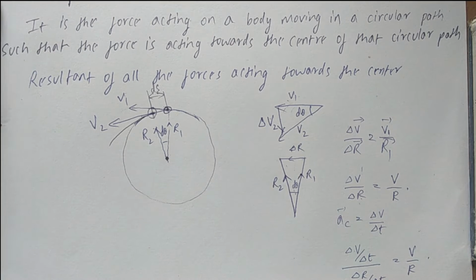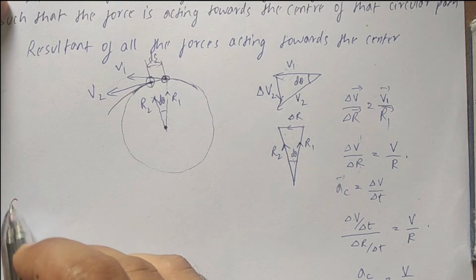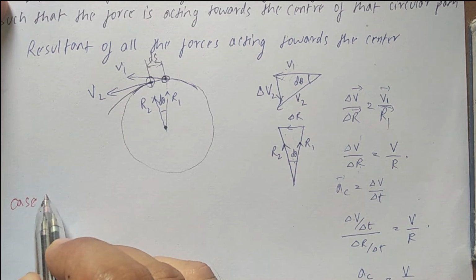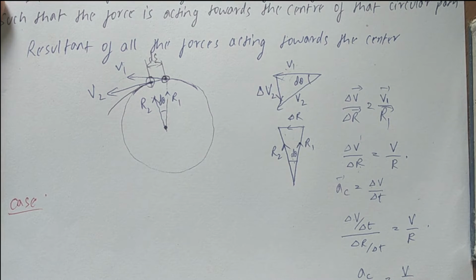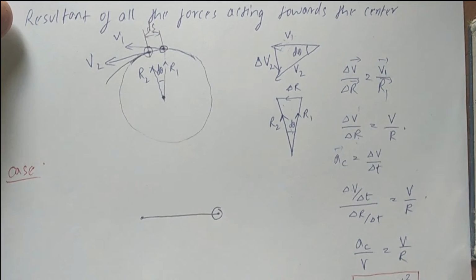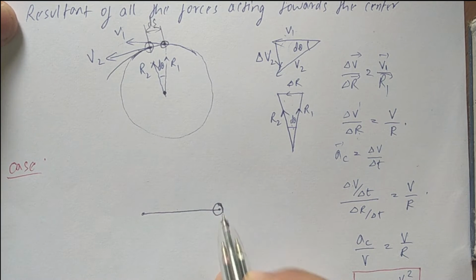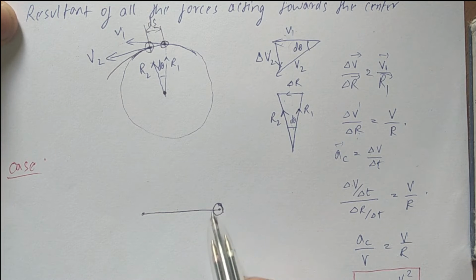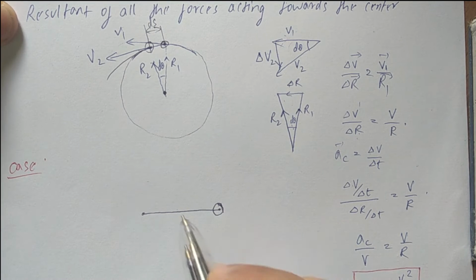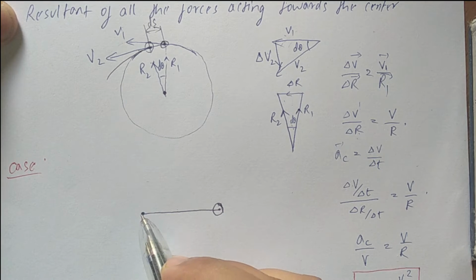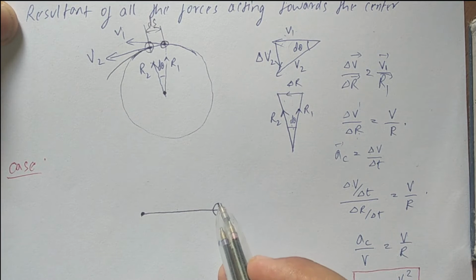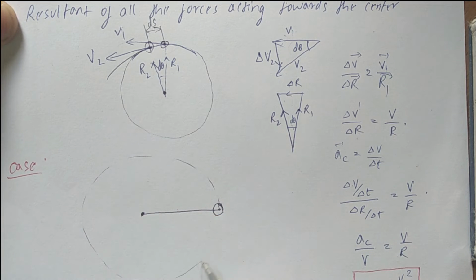So let us take one case. In this case, we have a rope, and in that rope there is a ball that is tied. Now this rope is fixed at this point, and it is getting reeled in this circular path.